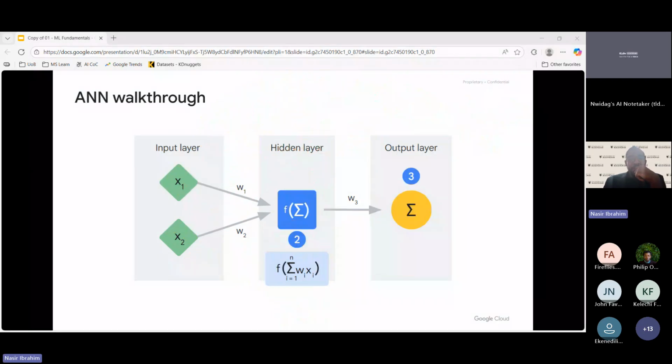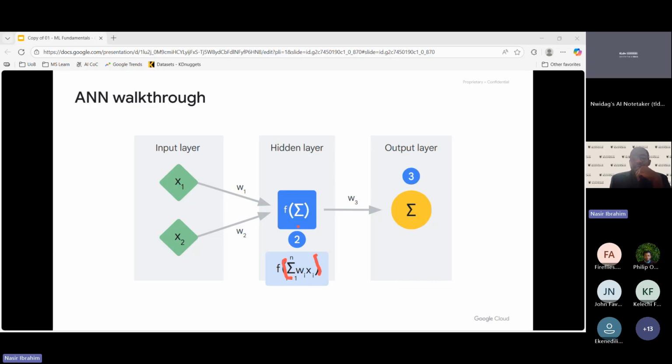The second step is applying what is called an activation function. The value that you compute, you apply an activation function. In a moment, I'll go through some examples and also tell you what an activation function is.